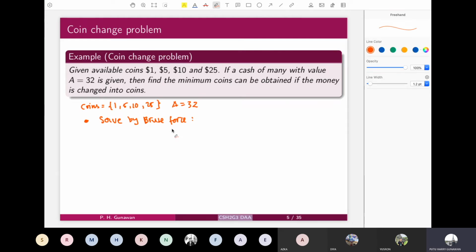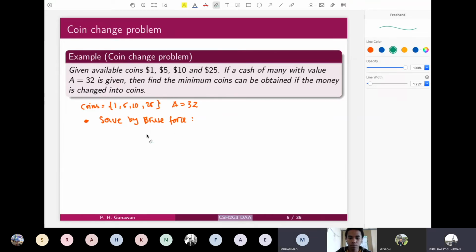Did you remember what the characteristics of brute force are? What are the main characteristics of brute force? Anyone? We trace it one by one, sir. Okay, yeah.